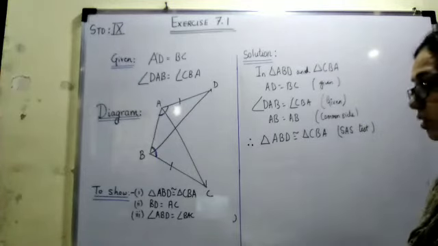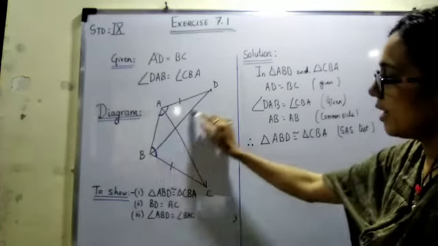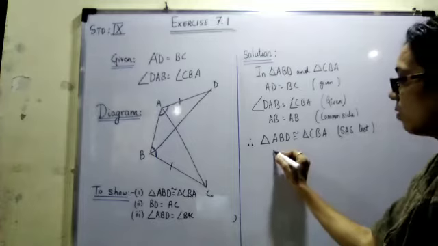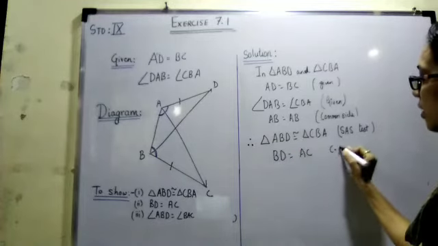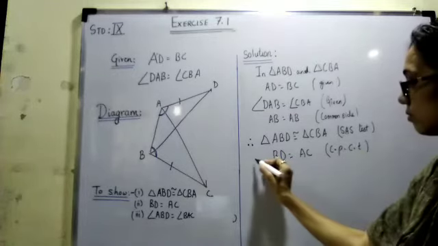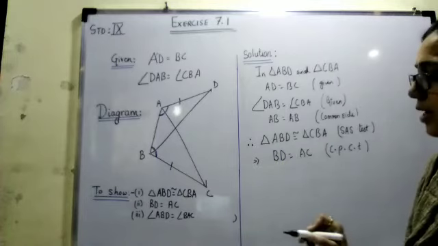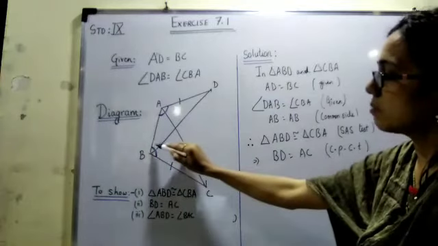Now we have proven this. Now you have to prove that BD is equal to AC. If you see, BD and AC are corresponding sides of these two triangles. So I can write down BD is equal to AC. Corresponding pair of congruent triangles. Also, corresponding angles are also congruent. So which angle we are talking about? ABD, this angle.